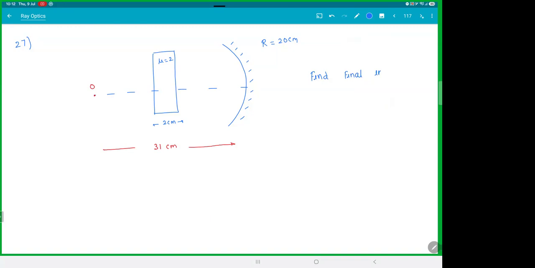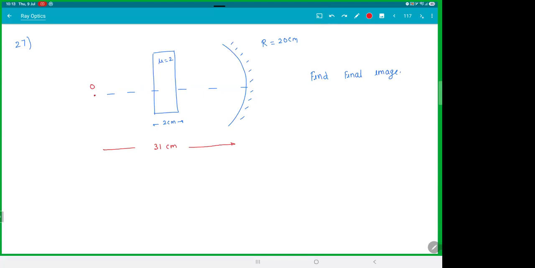Now, when they say final image, the first question is: how many phenomena are happening? Light rays are hitting the slab, apparent shift, then they hit the mirror, reflection, then the light rays will hit the slab again, apparent shift, and come back. That's your final image. So the light rays will go through the slab twice. Get me this answer.